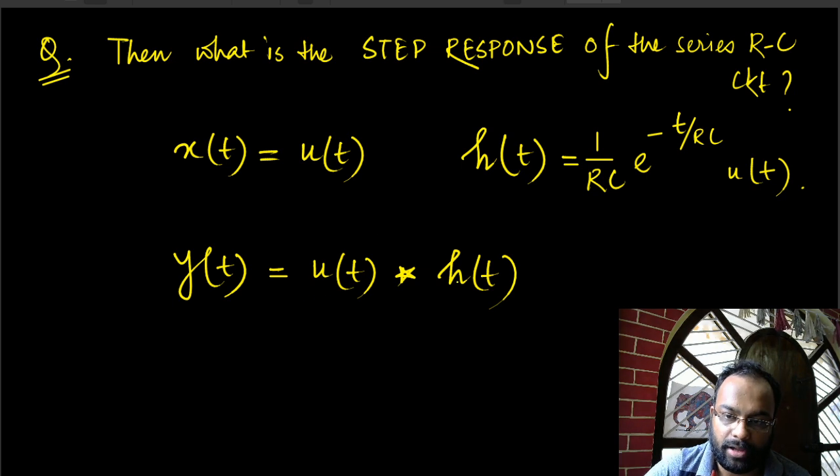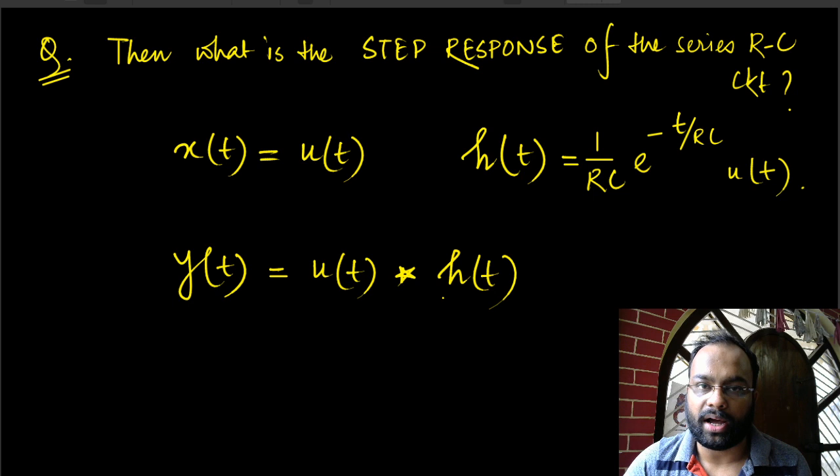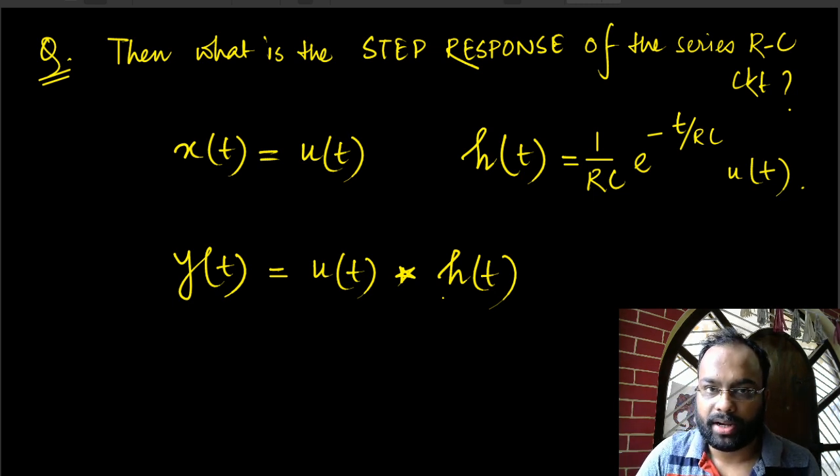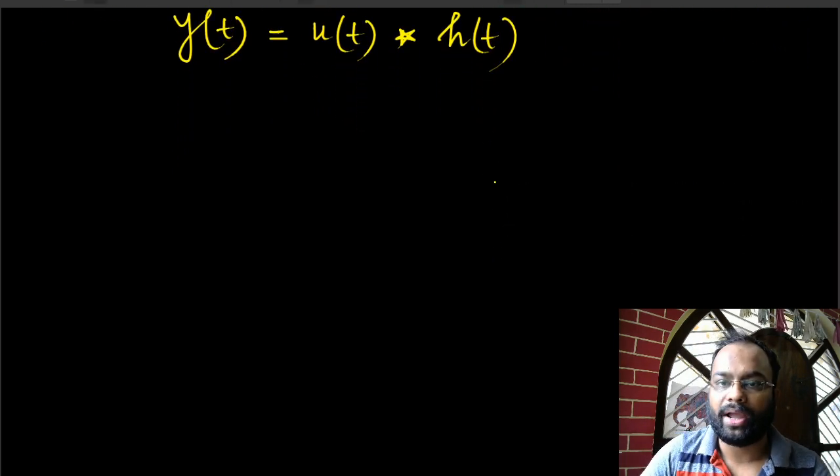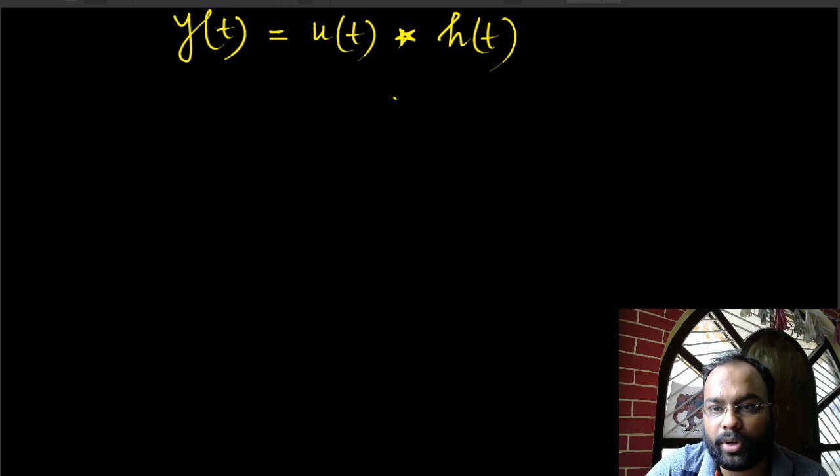The unit step convolved with the impulse response gives you the response to a unit step. But there is a better way than to do this. You could calculate this, but it will be slightly more difficult. There is a better way.